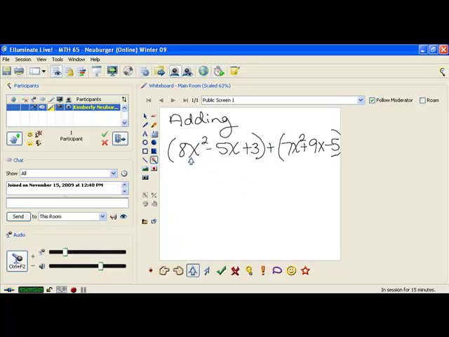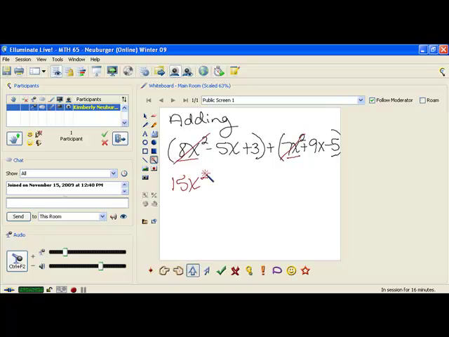So we see if there's another x squared here anywhere else, and here we have a 7x squared. So since those two are like terms, we combine them by adding them. So 8x squared plus a 7x squared is 15x squared. Once we're done with those, we go ahead and cross them out. That way we don't look at them anymore and we know we've taken care of them.